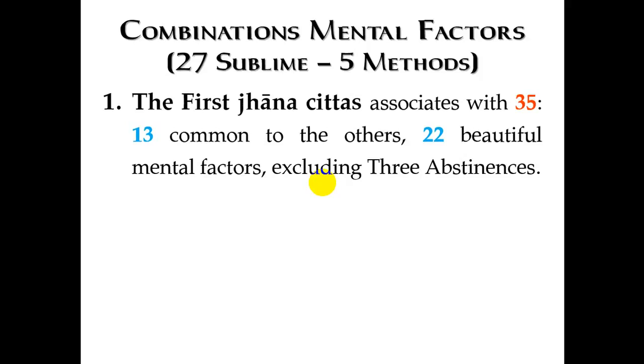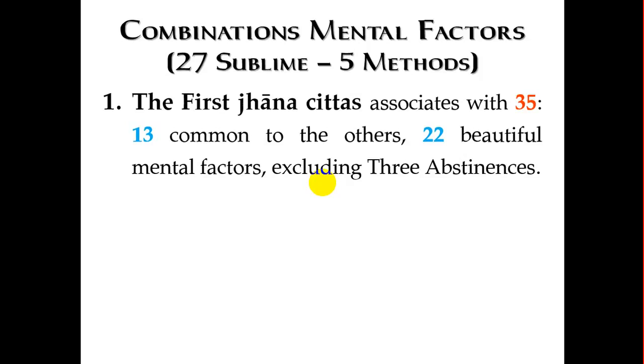The question is, we learned how many chittas each Cetasika associates with. First we are learning Vitaka. Vitaka associates with 55, and we don't need to count this one, you already know it. Among the 55, 11 are the first jhana.